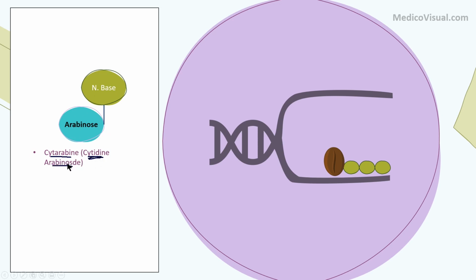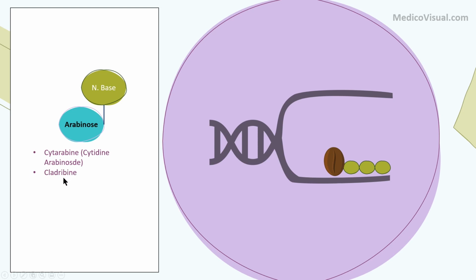This cytidine arabinoside, or cytarabine, contains cytidine connected with arabinose, and this will further be attached with phosphate, and if this nucleotide gets added here, due to structural resemblance with CMP, chain elongation will be terminated, and again the cell cycle will arrest in S phase.